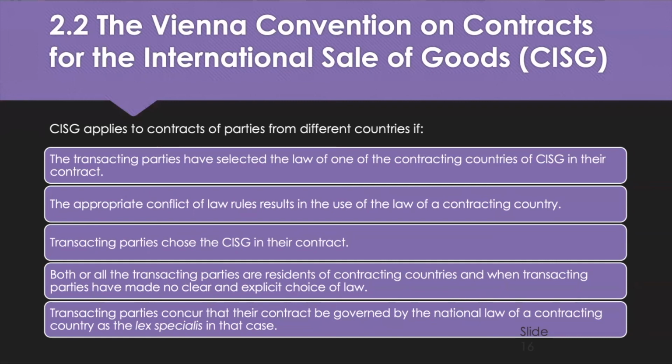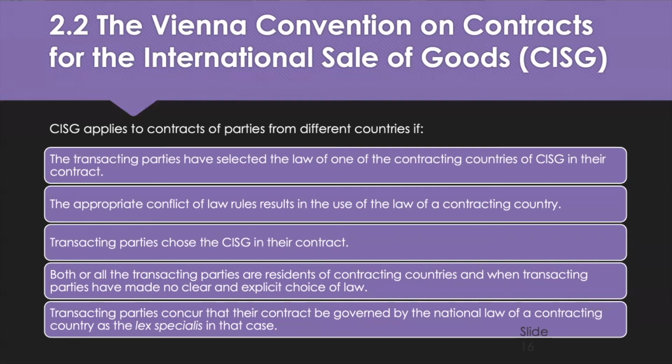So the Sale of Goods Act is applicable to all sale contracts between parties from different countries, only if the following have taken place. The transacting parties have selected the law of one of the contracting countries for their contract. The appropriate contract law results in the use of laws of a contracting country.